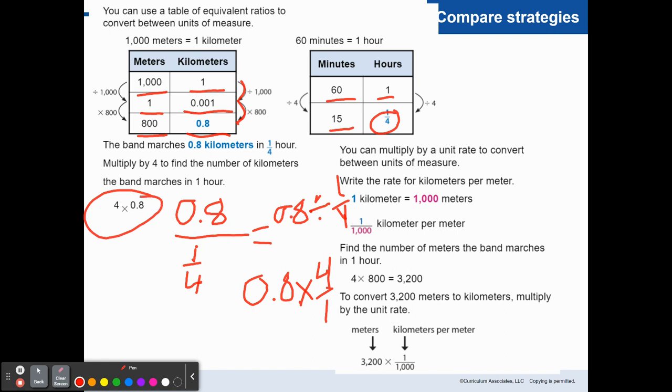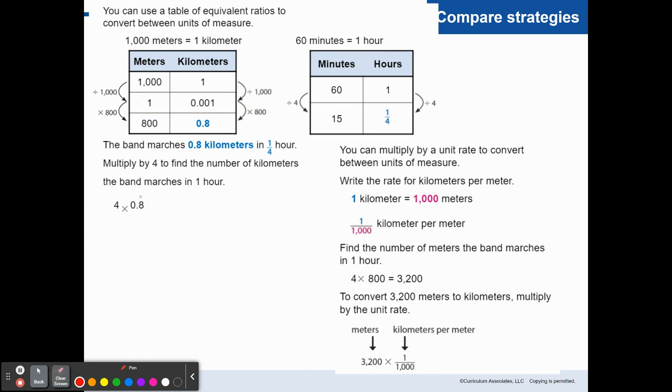Or you might look at it this way as well. So let me clear this. You can also look at it as 8/10 for every 1/4, right?